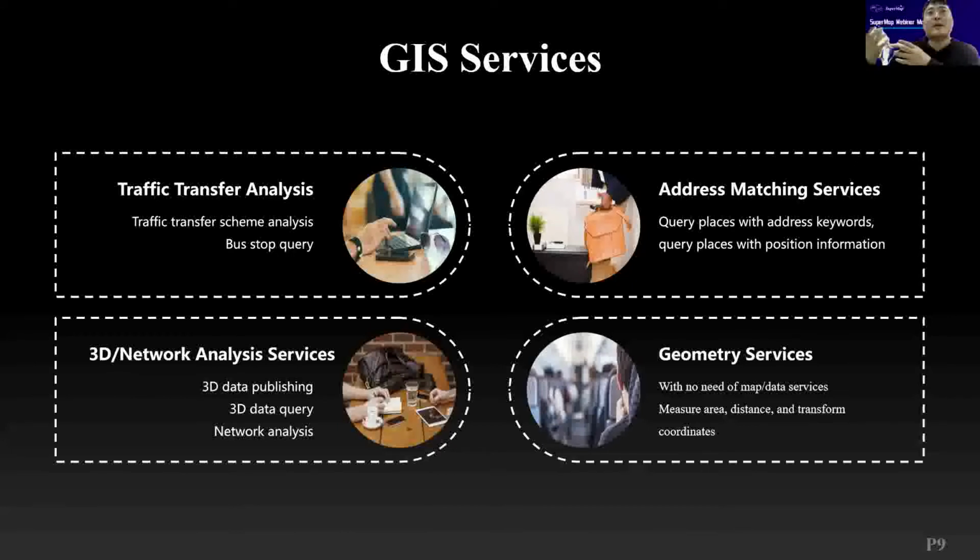The geometry is one of the spatial feature types on the web. Then we construct the geometry and send it to the server, and the server will come back with the results. Like if we want to convert this geometry from the Mercator coordinate system to the WGS 84 coordinate system, we can use this geometry service.